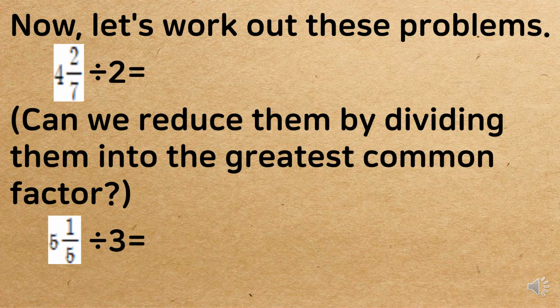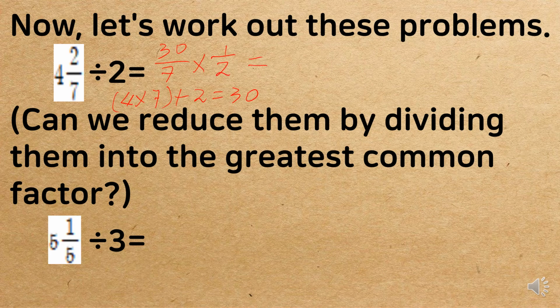Now, let's work out these problems. Divide 4 and 2/7 by 2. Let's change the mixed number to an improper fraction. Then 4 times 7 plus the numerator 2 equals 30. The improper fraction is 30 over 7 times half.